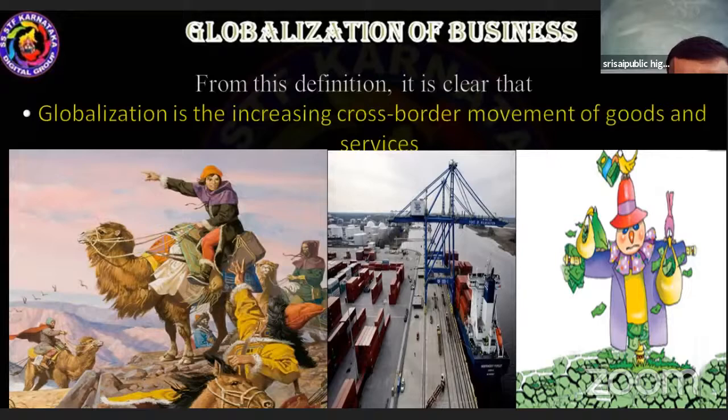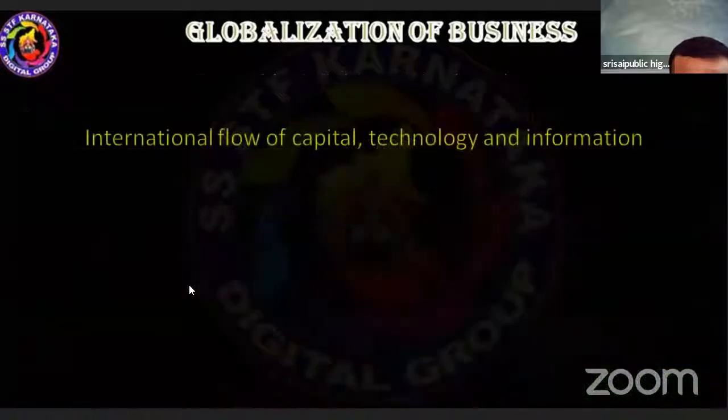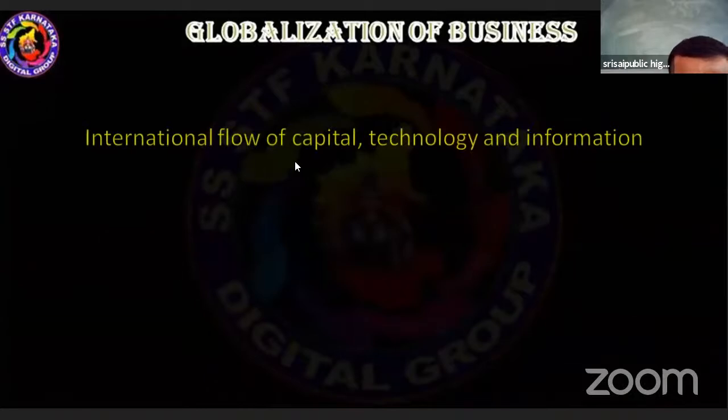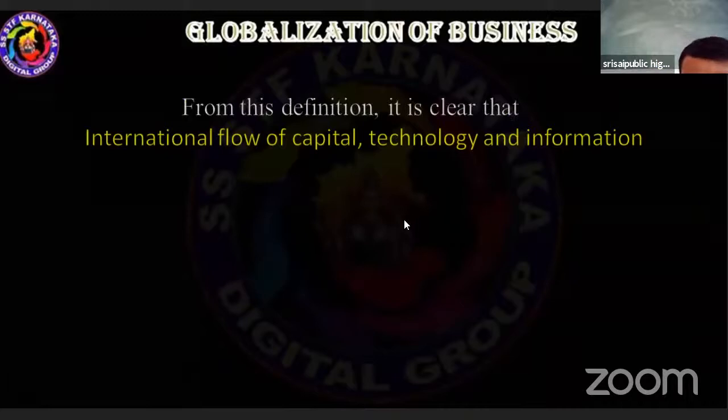But recently, in the modern world, all these kinds of beliefs have declined or reduced due to globalization. Globalization means the international flow of capital, technology and information.